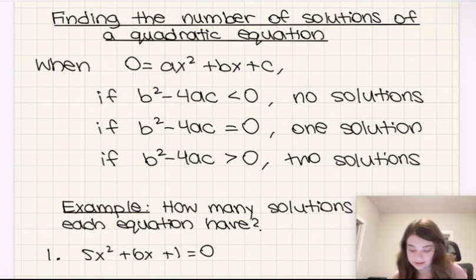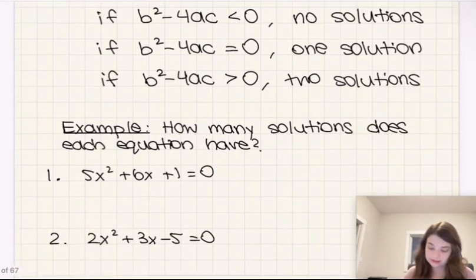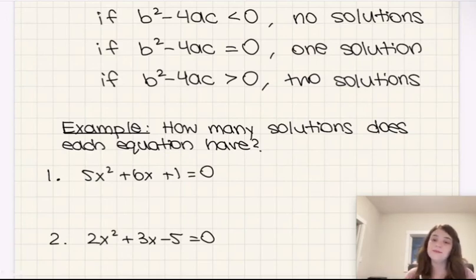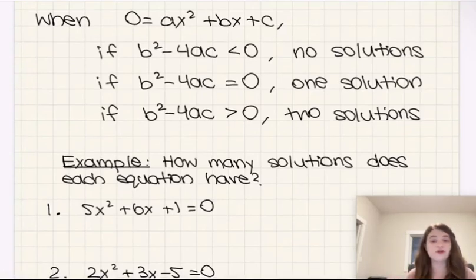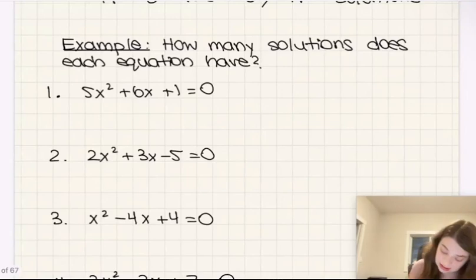All right, let's go through some examples. What I need to do is find out what b squared minus 4ac is, and then scroll back up to see which of these conditions it meets. Keep in mind that a refers to the leading coefficient, b refers to the coefficient of x, and c refers to the constant. In this case, a is 5, b is 6, and c is 1.